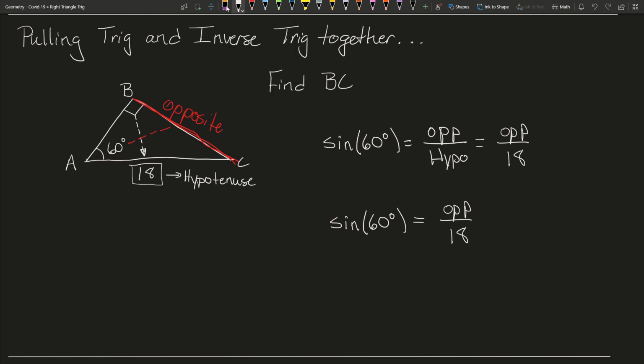Now we're trying to find the opposite side. So we would just evaluate sine of 60.